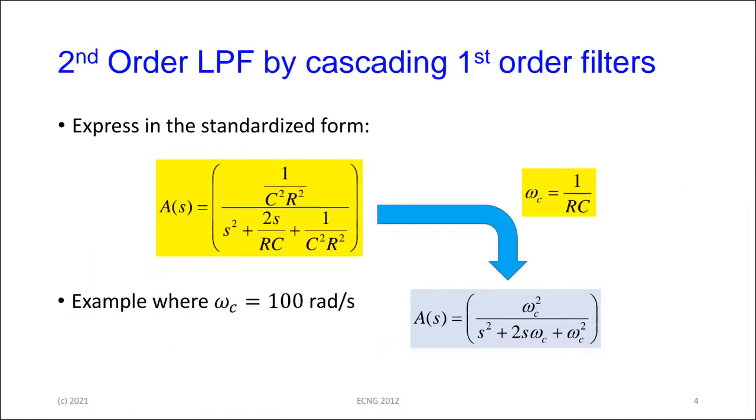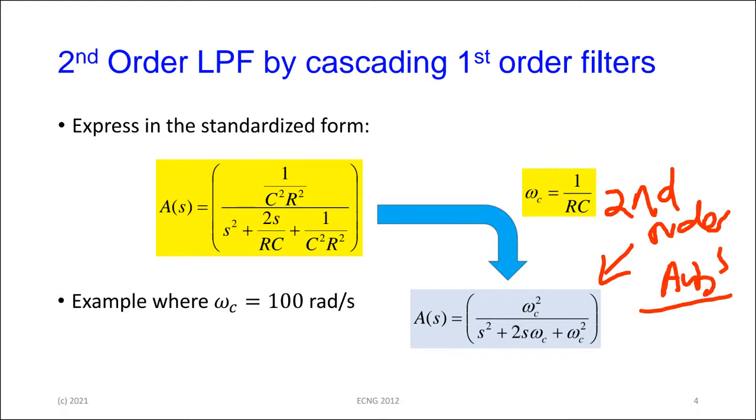And we could express it now. We take the transfer function that we had before, and I'm going to transform it into a slightly different version. Note this is very close to that second order standard function that we spoke about yesterday, the one with a omega naught s over s squared plus 2 zeta omega naught s plus omega naught squared.